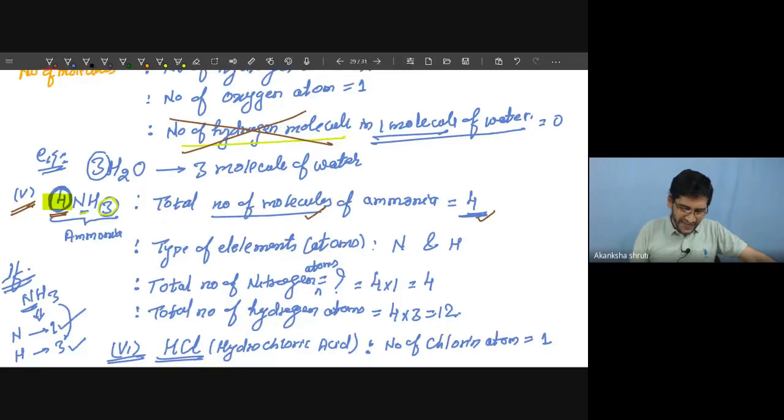Now coming to the type of atom, nitrogen and hydrogen. This coefficient 4 doesn't mean any new type of atom, but the same type of atom has increased. For one molecule of NH3, it contains one nitrogen. But since it is increased by writing 4 before NH3, that one has to be multiplied by 4. So the number of nitrogen atoms in 4 NH3 is 4. The number of hydrogen, 3, will also increase by 4, becoming 12.